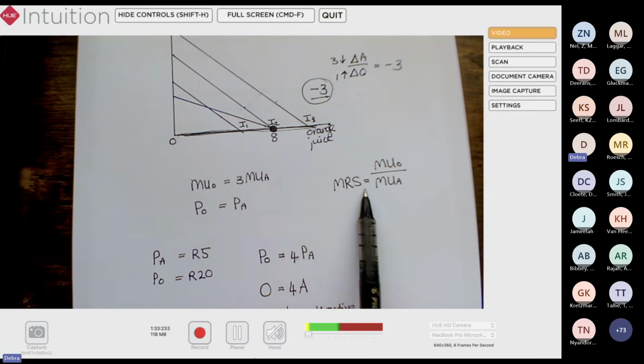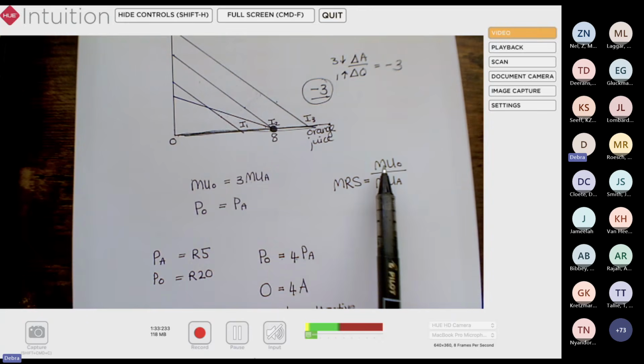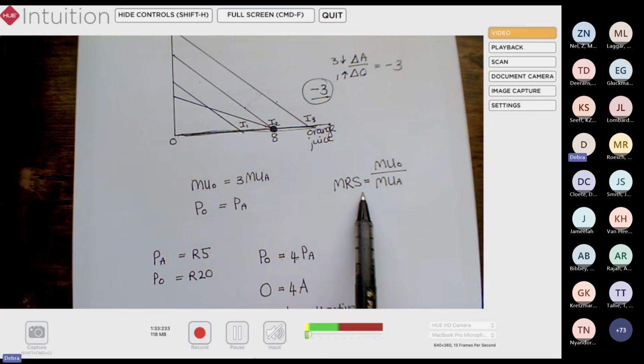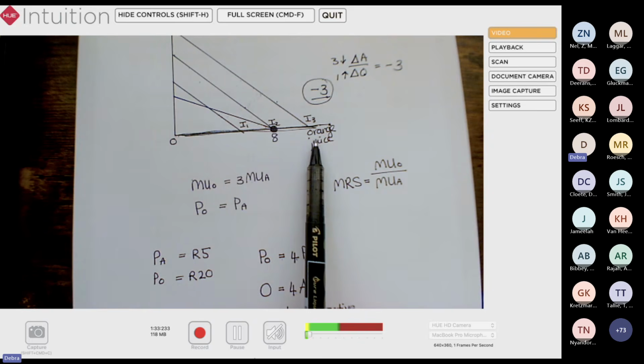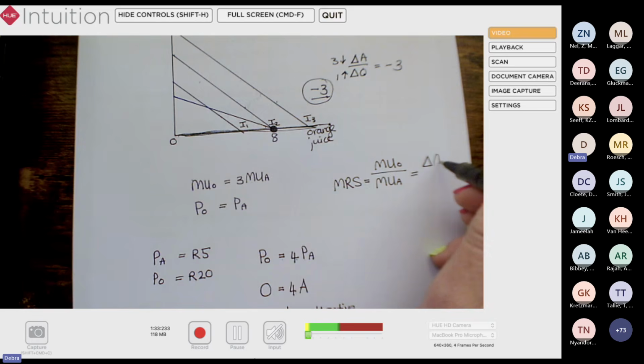If you have the marginal utility of orange juice over the marginal utility of apple juice as your marginal rate of substitution, that means that orange juice, the thing in the numerator, must be on your x-axis, because this MRS represents how much apple juice I'm willing to give up in order to get more orange juice.